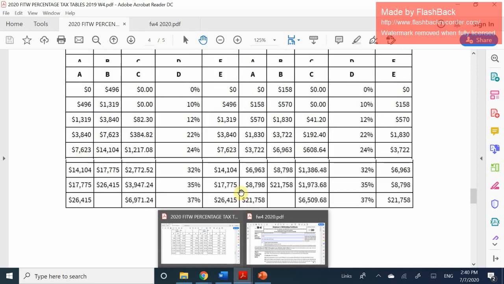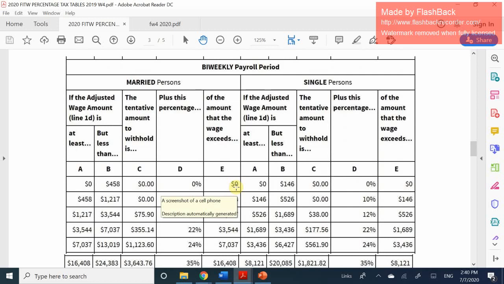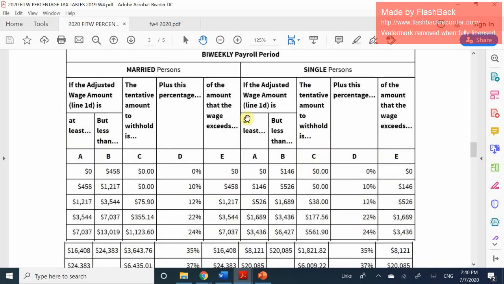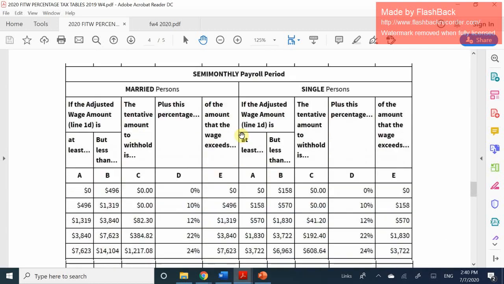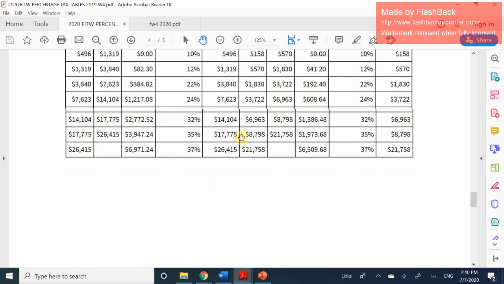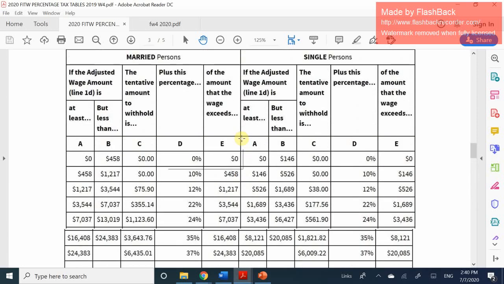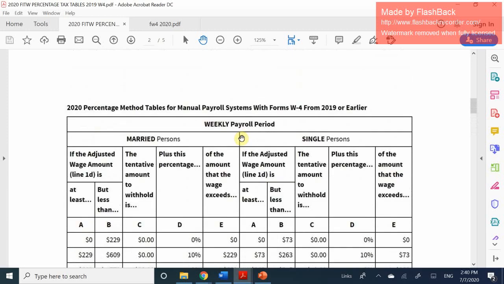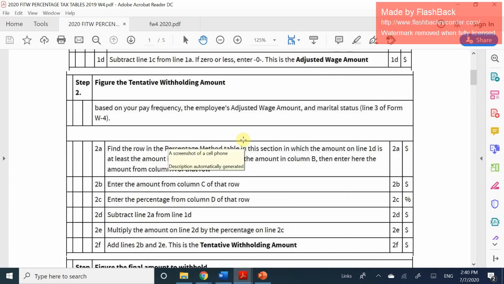So this is what the tables actually look like. It's going to be based first on how often you get paid and your marital status. I only copied the ones that you commonly see, but there's a bunch of these tables, and you can find them at irs.gov slash Publication 15, which is the Employer's Tax Guide to calculating taxes for your employees.